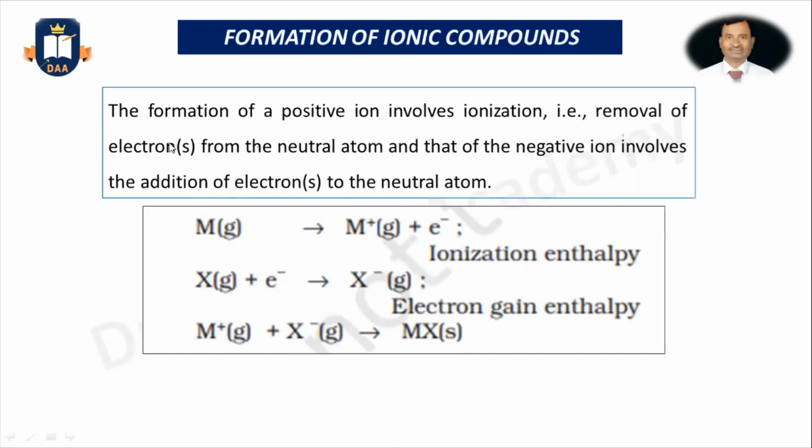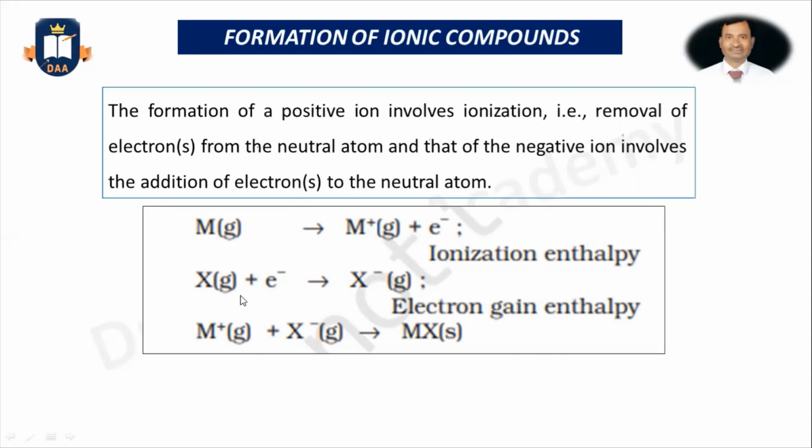Now we'll see that the formation of a positive ion involves ionization. You can see in this example, M generally denotes a metal in gaseous form. It will form M plus in gaseous form, one cation, plus it will release one electron.